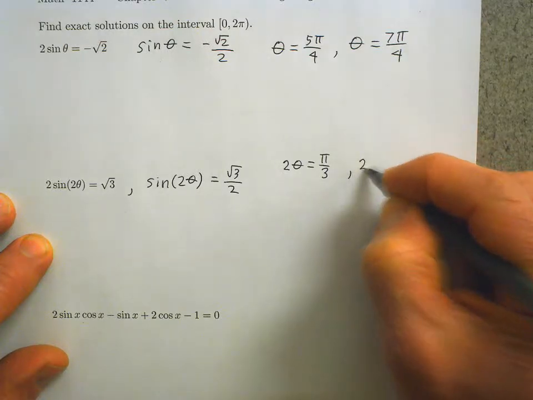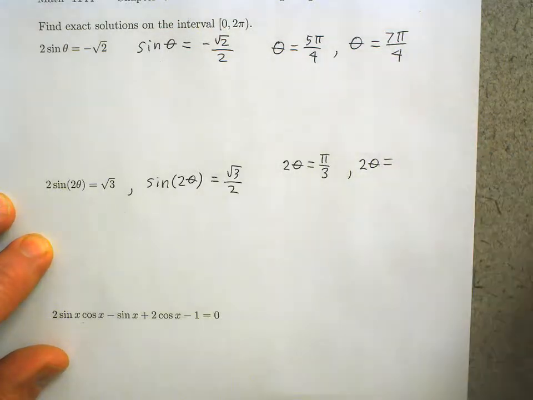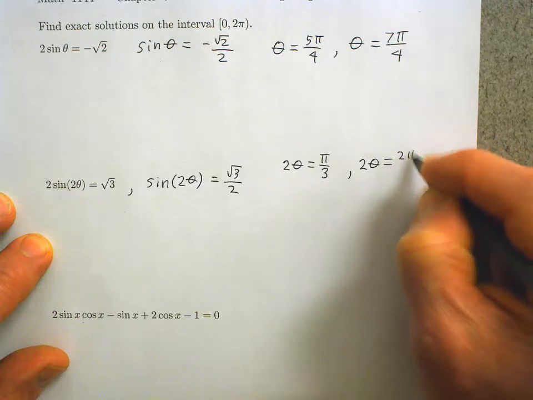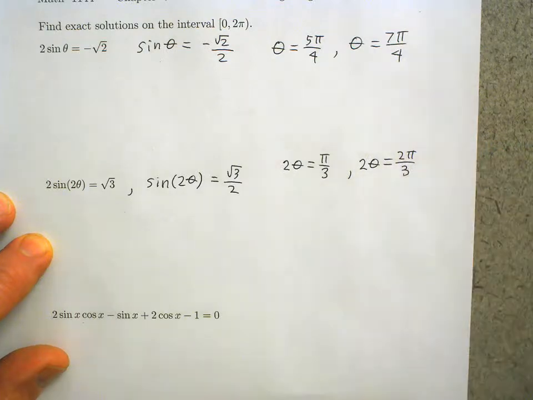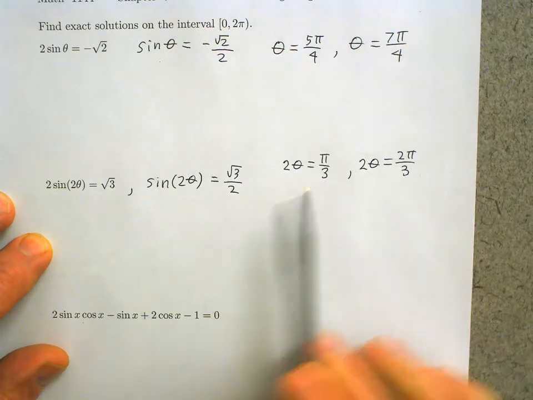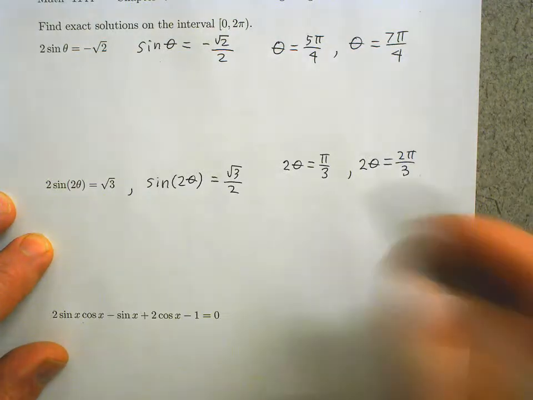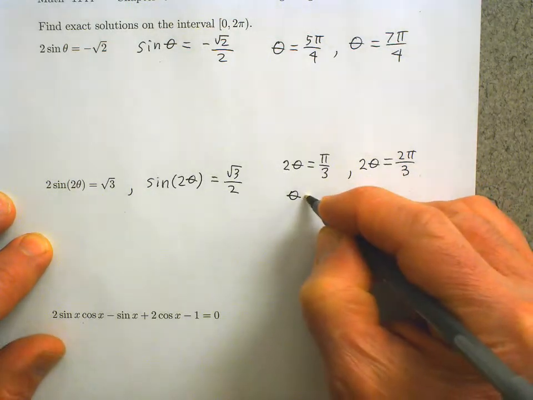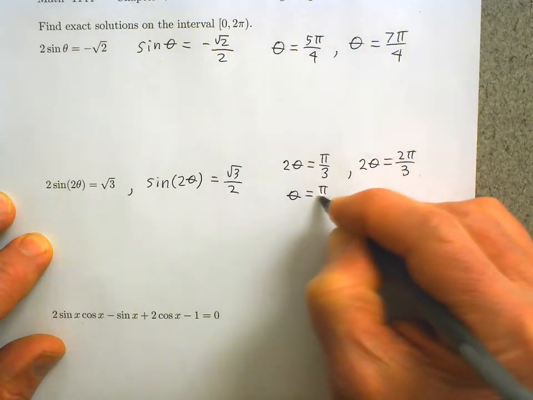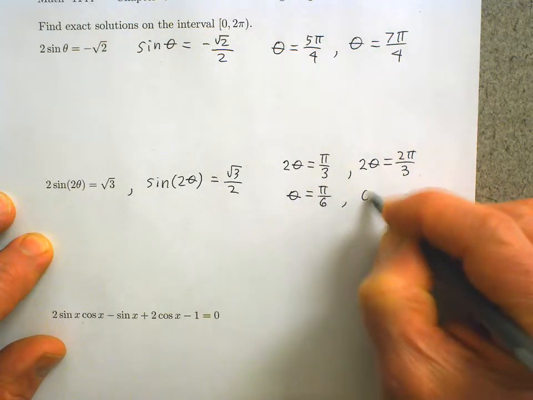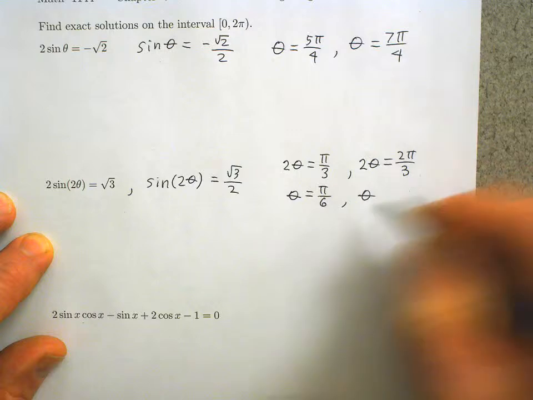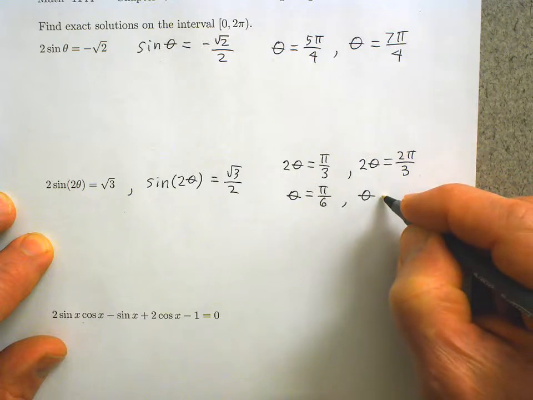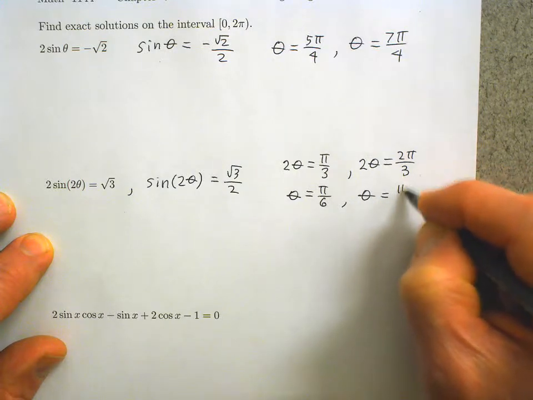And we also know that 2 theta is equal to 2 pi over 3 in the second quadrant. Okay, but we're solving for theta. So if we divide both sides by 2, one solution is theta equals pi over 6. And another theta value is theta equals pi over 3.